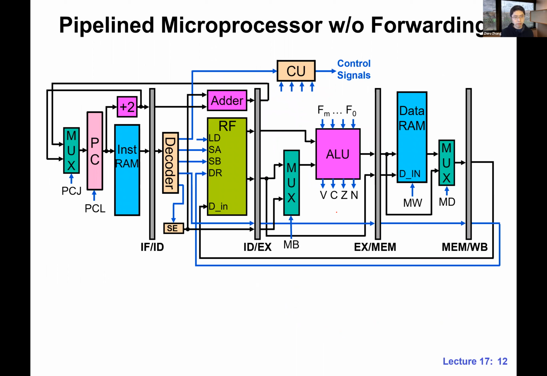This is result forwarding in the pipelined processor. Hopefully, you are already sort of comfortable with this diagram. There is quite a bit of wiring. One more time, the blue wires are the control signals, and the black lines are the data signals. This is result forwarding.